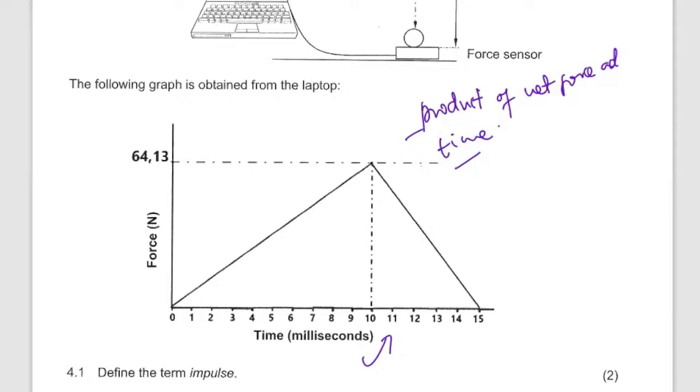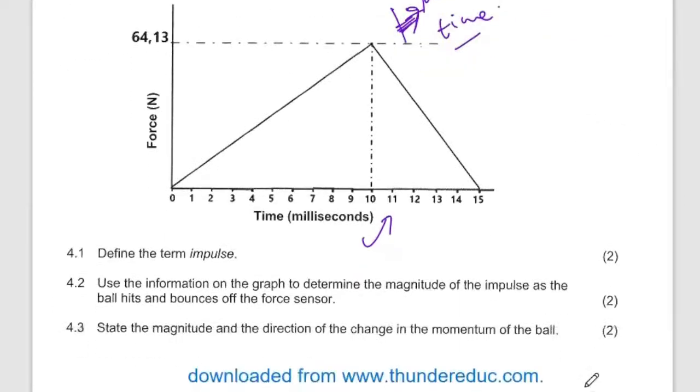So we say it's the product of the net force acting on an object and the time that it takes. Now avoid using the change in momentum kind of terminology because that is more like an application. It's not a definition of impulse. Then they want us to use the information in the graph to determine the magnitude of the impulse as the ball hits and bounces off the sensor.